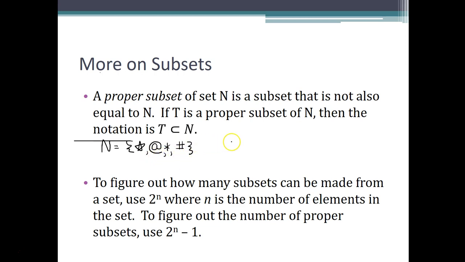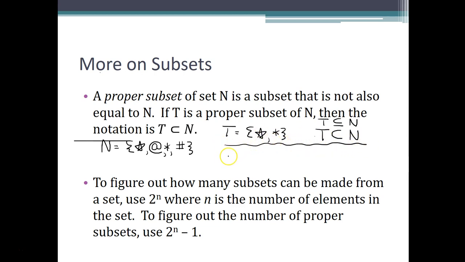All right, so let's say we have set T that contains star, asterisk. Okay, so all of T's elements are found in N, and T does not have all of the elements that N has. So we can say that T is a proper subset of N. We can also say that T is a subset of N. Both apply here.